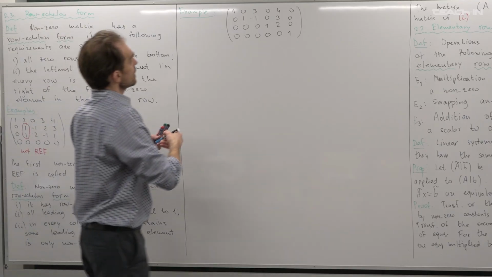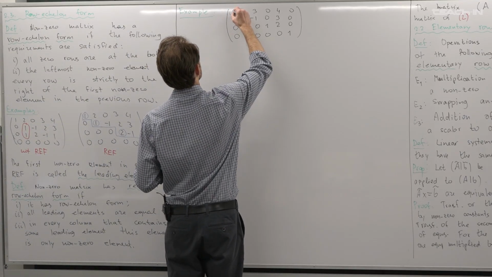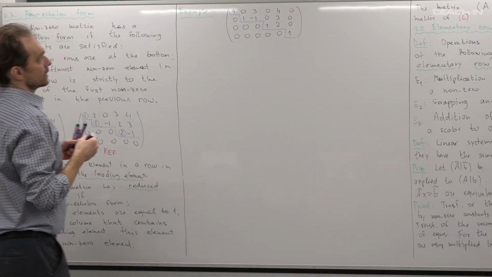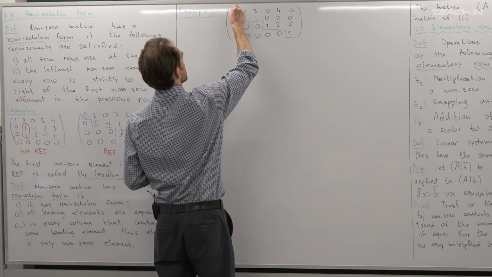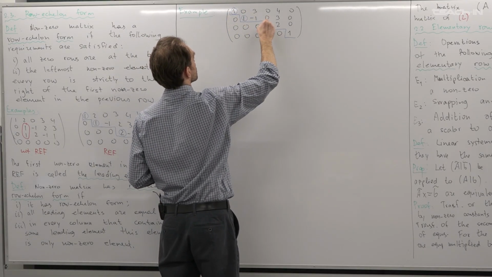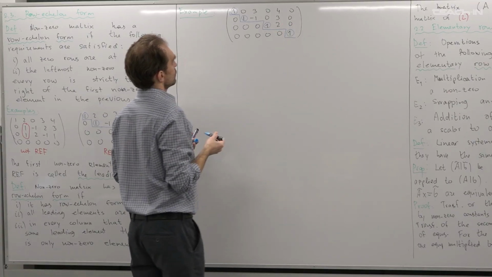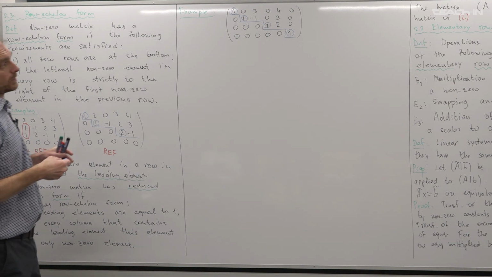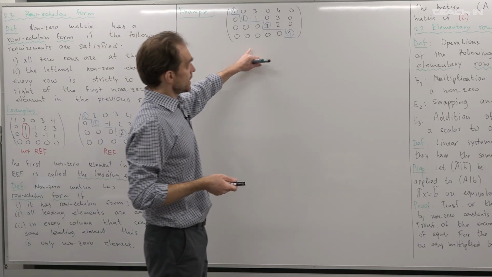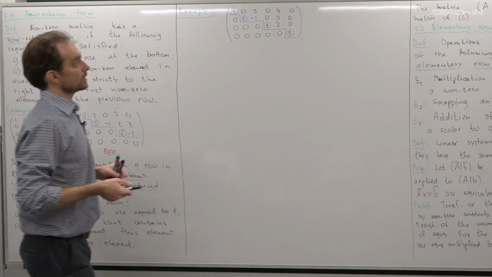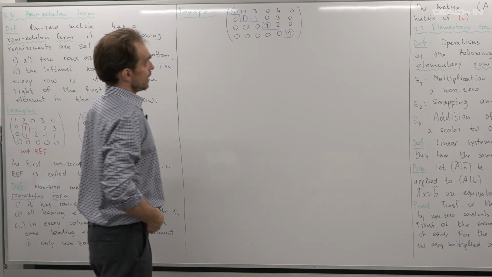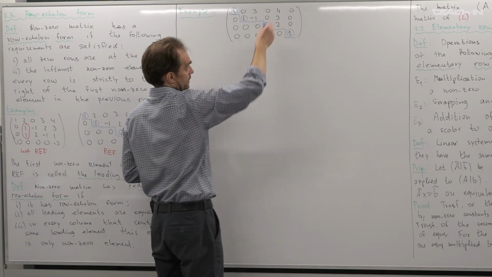Let us verify this. So I'm going to draw this staircase-like structure as in the definition. So these are the leading elements. And we see that the first, the second, the fourth, and the sixth columns of these matrices contain leading elements in some rows, and so the third requirement of our definition is satisfied here, just because above these leading elements we have only zeros in this matrix.